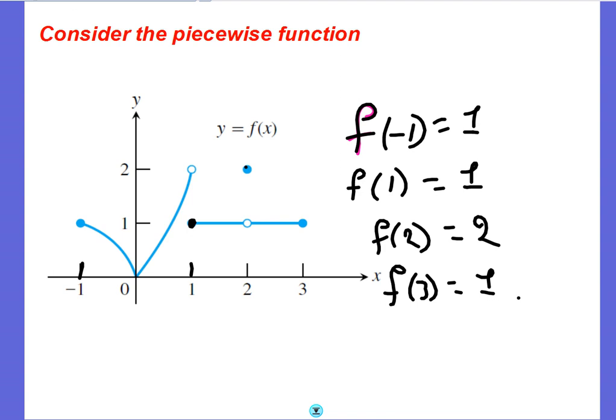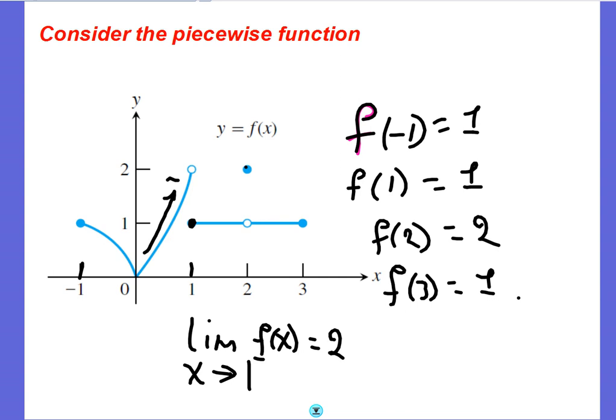Also, you should be able to evaluate limits here. The limit as x approaches 1 from the left side of f of x is what? From the left side, it is approaching 2.